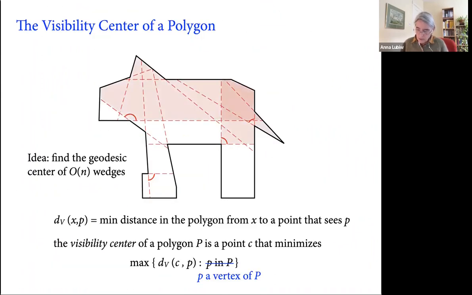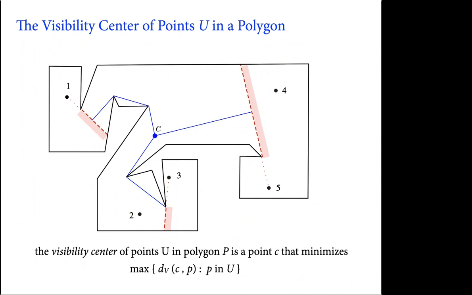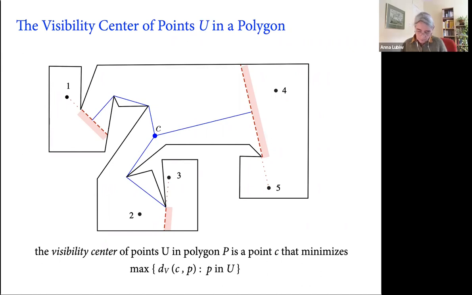Okay, so then Boris was asking, what if we have a selected set of points in the polygon? We're going to think about that too. So in this case, I have only 5 points in the polygon where sensors might be located. And I want the visibility center of those 5 points.